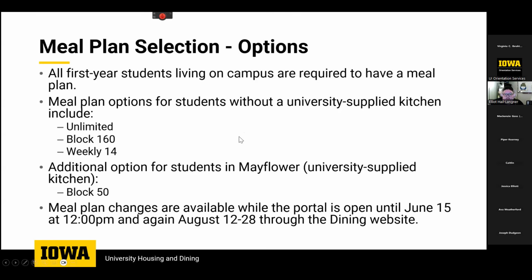So meal plan changes are going to be available while the portal is open until June 15th at 12 p.m. So once you are able to log in at your time slot and you make it to the meal plan pages, you can revisit that later until the portal closes on June 15th at 12. But then we also have another meal plan change period, August 12th through 28th, and that's through the dining website.